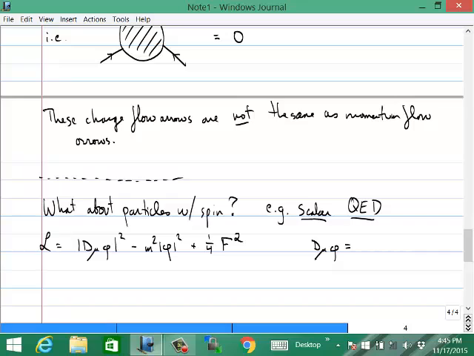In particular, the kinetic term now doesn't involve the usual derivative, but instead involves what's known as the covariant derivative, which couples the complex scalar field phi to the electromagnetic field in this particular way.